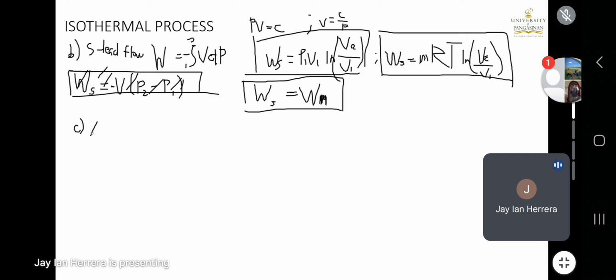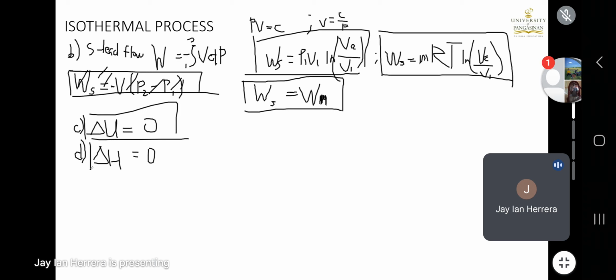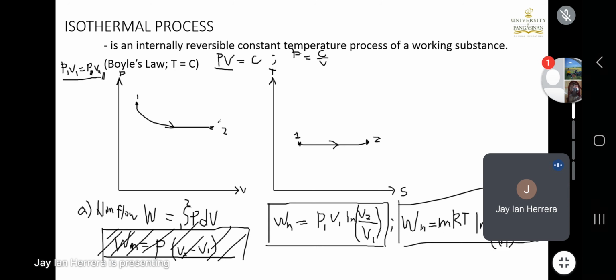Letter C. Change in internal energy, and that is 0. And then our change in enthalpy is also 0. So bakit 0 yung mga yan? Kasi we're under isothermal processes. Since ang kanilang general formula, di ba, is m Cv delta T. So, ang ating process is constant temperature.